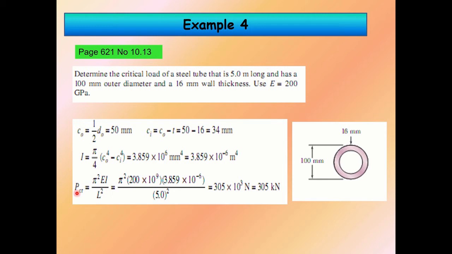This is the inertia formula for a hollow tube. This is the outer radius, this is the inner radius. Substitute these two data into the inertia formula. This is the inertia result. Substitute into Euler. We can determine the P critical equal to 305 kilonewton.